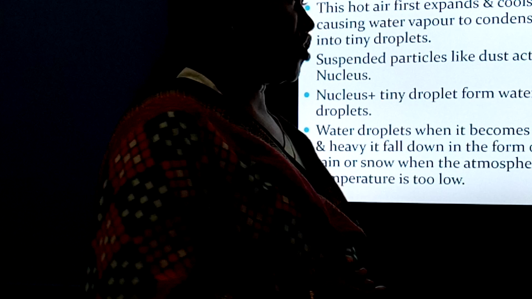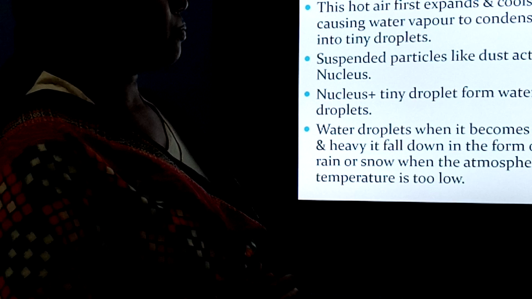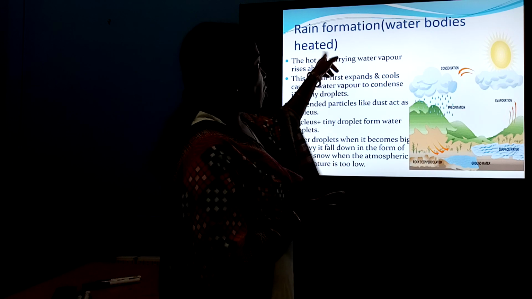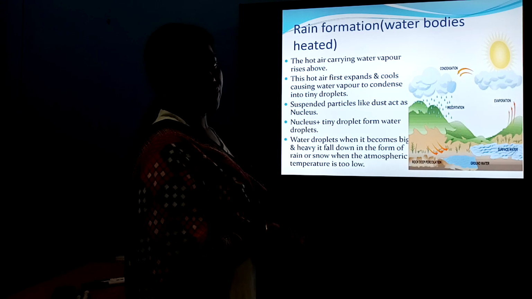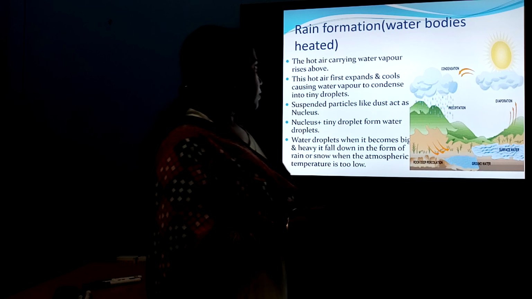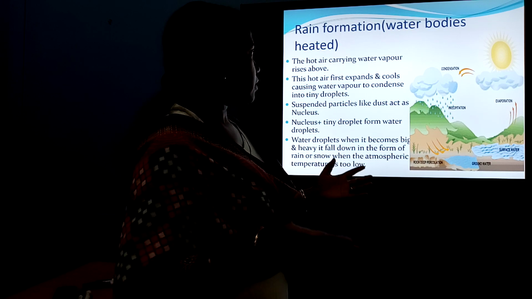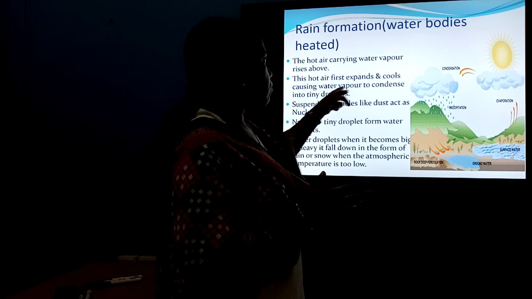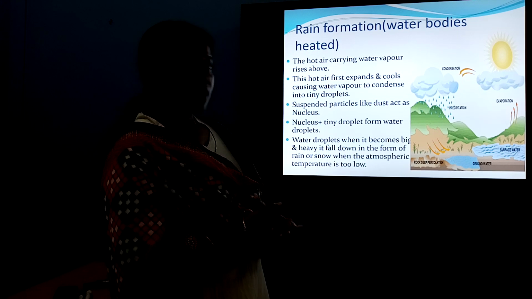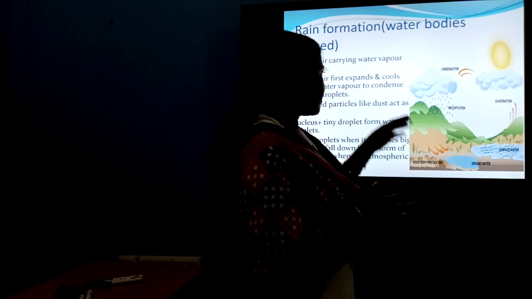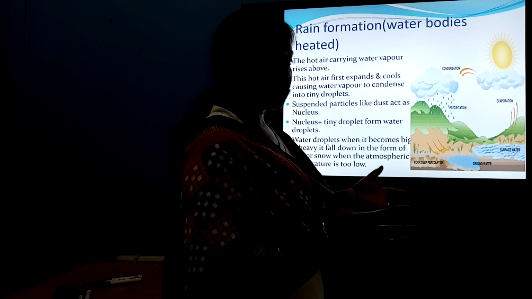Now rain formation. How does rain formation occur? First the water body is heated. Then hot air carrying water vapor rises above. This hot air expands and cools, causing water vapor to condense into tiny droplets. Now suspended particles like dust act as nuclei.